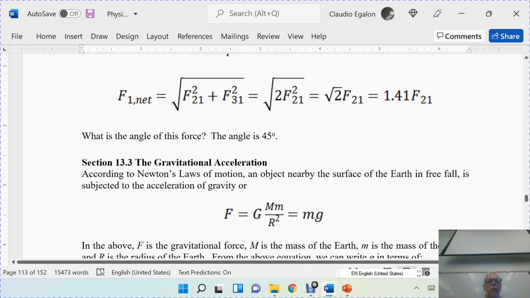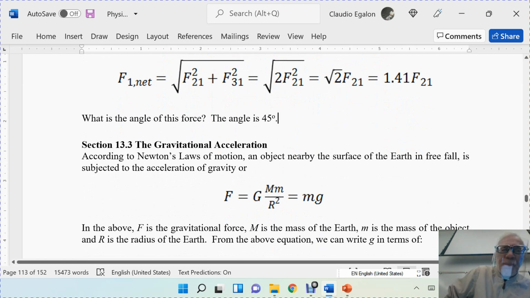What else you have to know? You have to know about the gravitational acceleration. An object that's nearby the Earth's surface is subjected to this force here, where big M is the mass of the Earth, small m is the mass of the object, and big R here is the radius of the Earth.